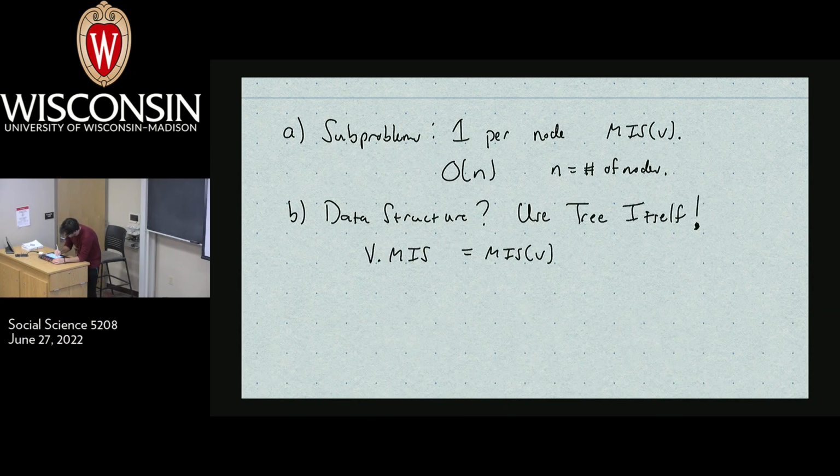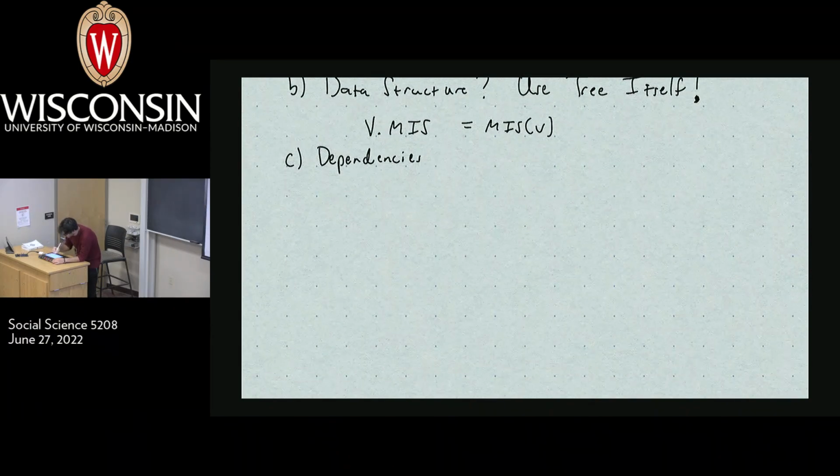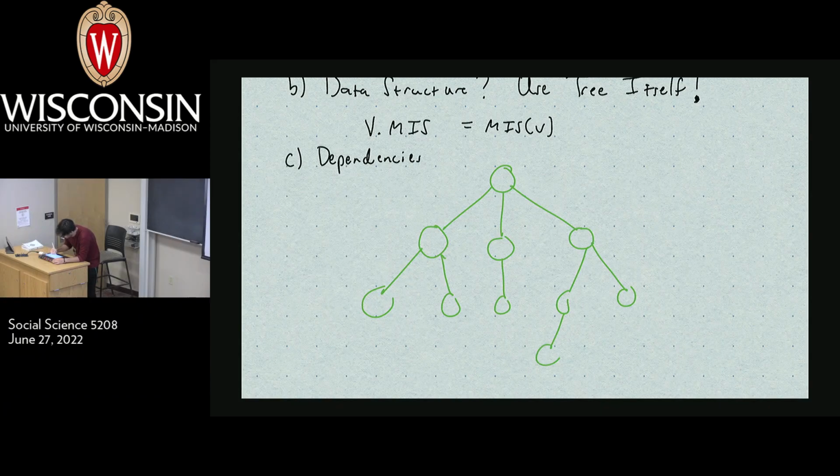Okay? So now let's look at the dependencies. So if we draw out our tree, so let's say we're here, this is V. V depends on its children and its grandchildren.